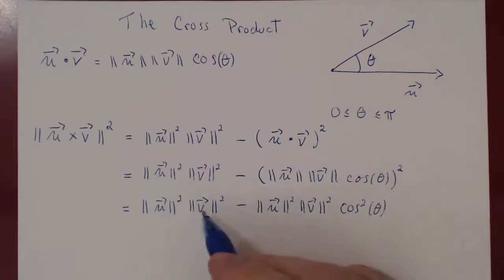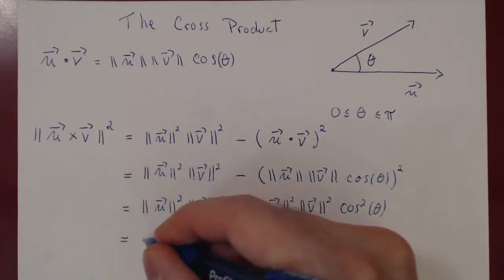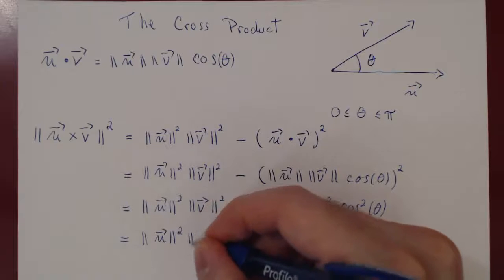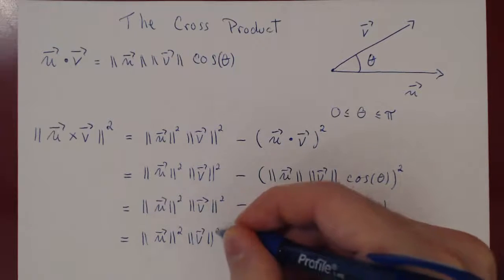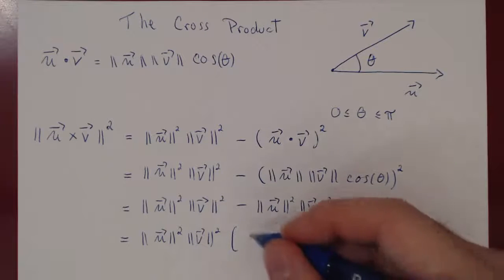Now if you notice, both terms share as a common factor the norm of u squared and the norm of v squared. So we can factor those out, and we are left with 1 minus cos squared.